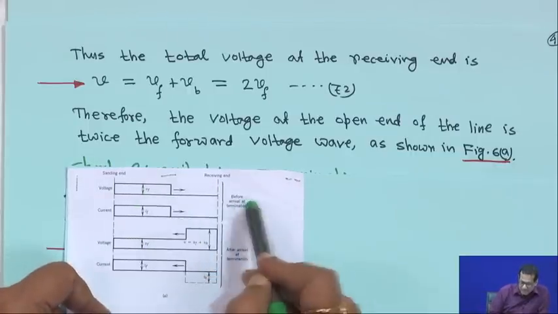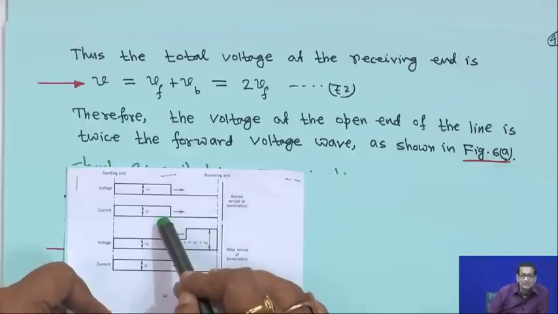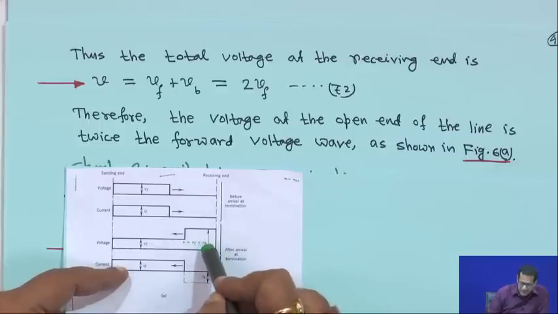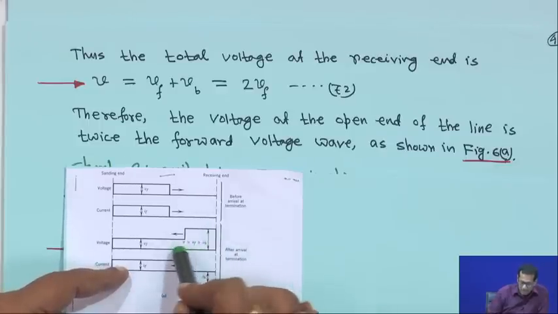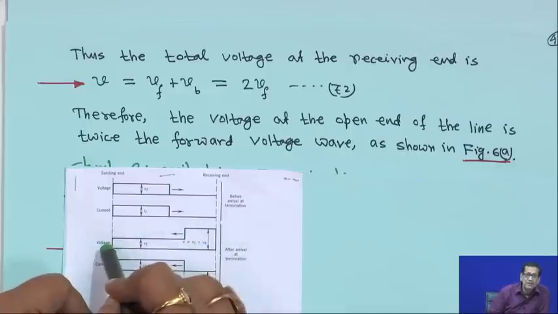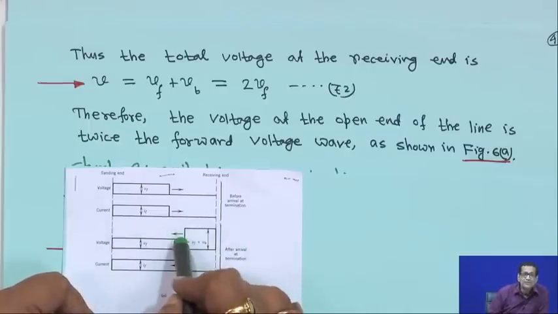This is the diagram before arrival at the termination, these two waves. Now, after arrival at the termination, Vb becomes Vf, that is double. So V is equal to Vf plus Vb, and it is moving now from right to left.